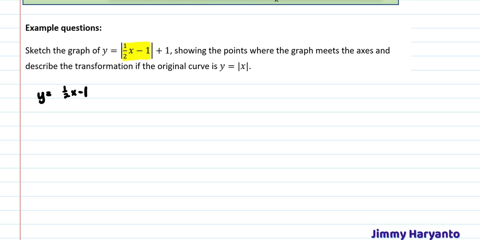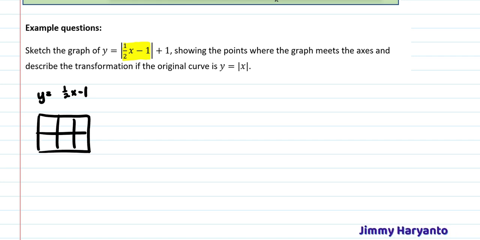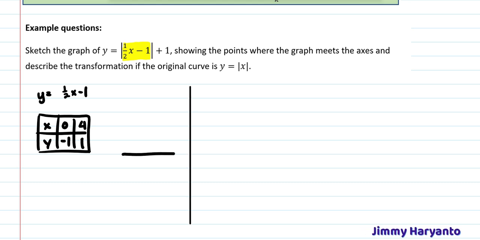That means you have to be able to draw this. The easiest way to draw this is to create the table. When x equals 0, y equals negative 1. When x equals 4, y will be 1. So we only need two points for this one because it's a straight line.